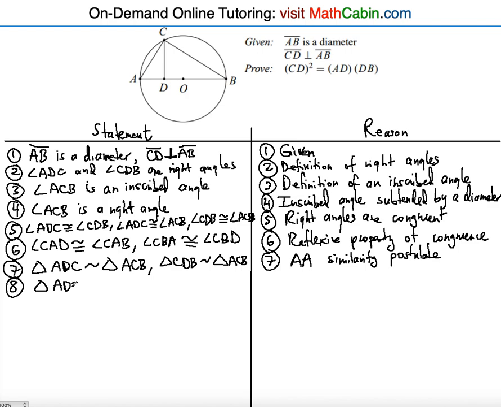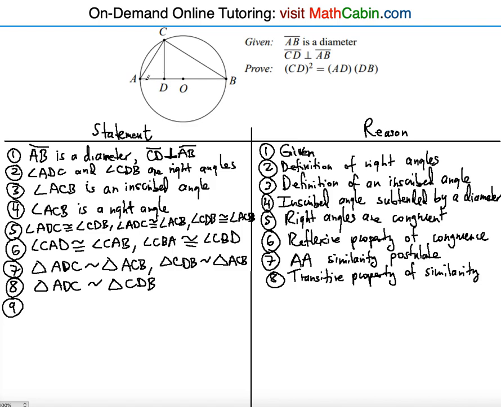So ADC is similar to CDB, right? And we can explain it as the transitive property of similarity. Okay, now the ninth step is, we already showed that ADC, the smallest triangle, is similar to CDB, the second smallest.